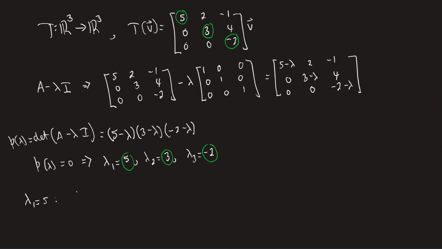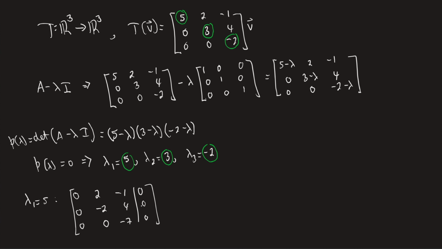So if I do that, I'll have 0, 2, -1, and then 0, -2, 4, and then 0, 0, -7, augmented with our column of zeros. That's what it looks like when lambda is equal to 5.